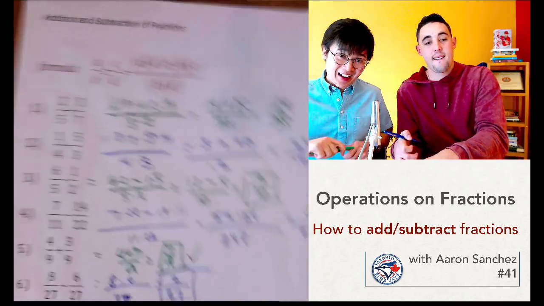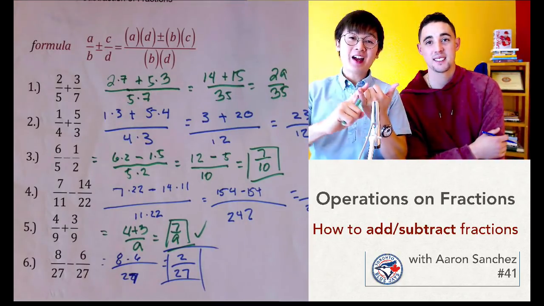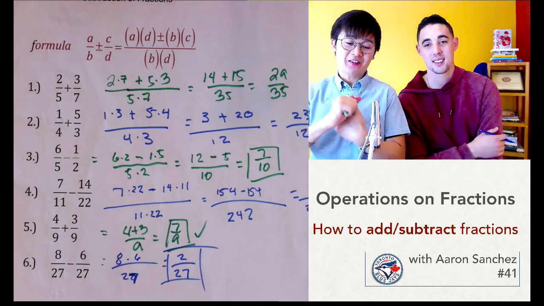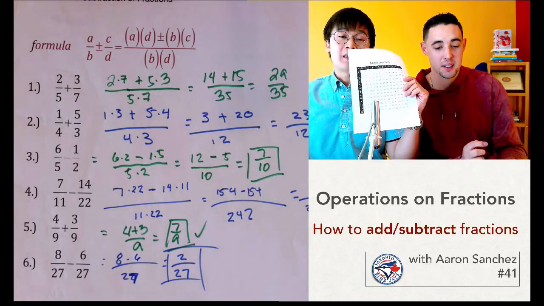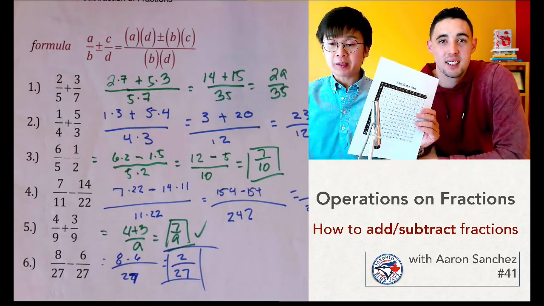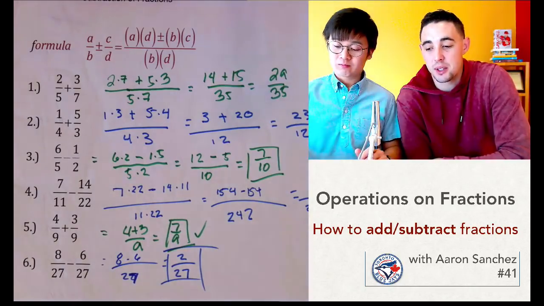And that is how we simplify, multiply, divide, add, and subtract fractions. And as we have been mentioning, the multiplication table is key. You really need to know your multiplication table because this will really help you. It makes things so much more easier. You don't have to deal with huge numbers.